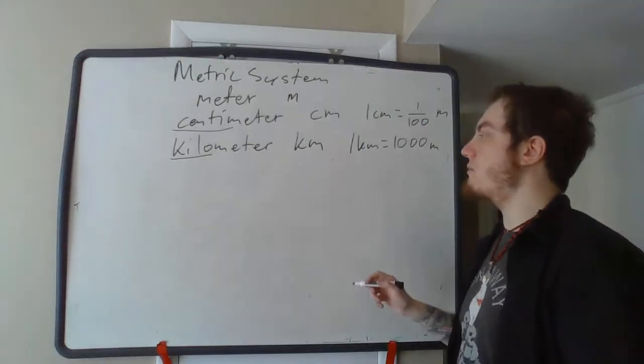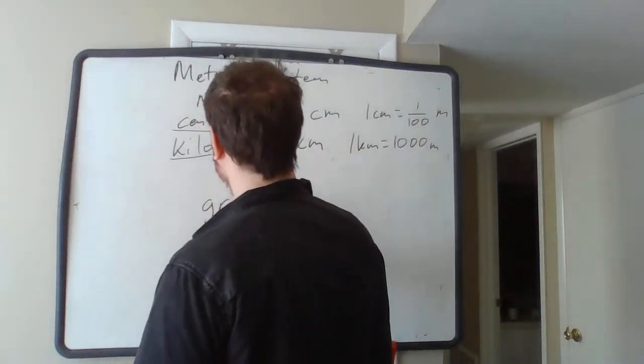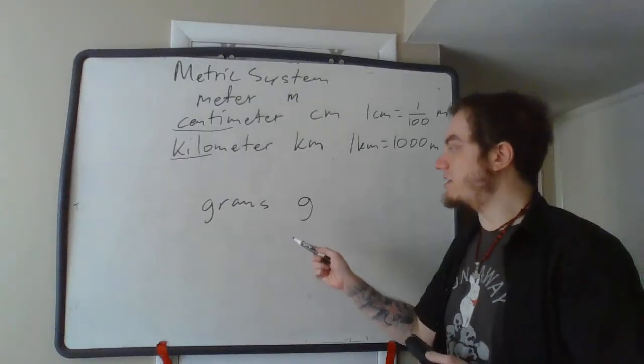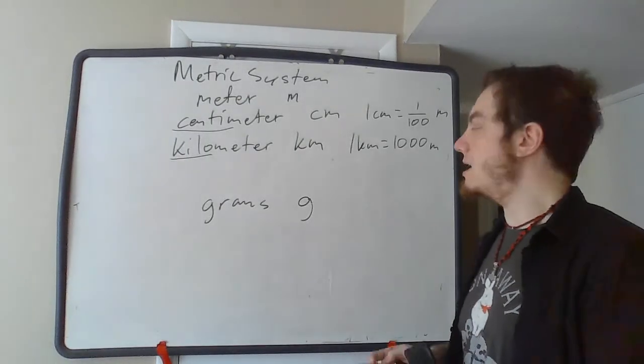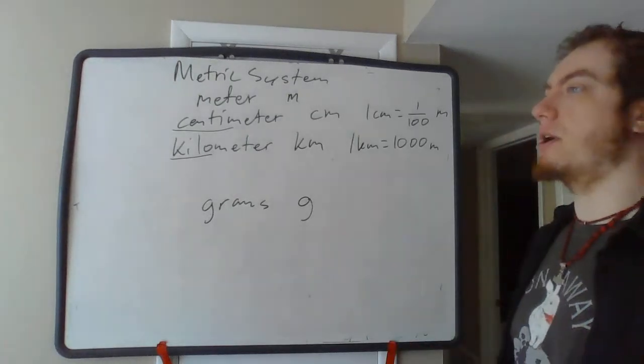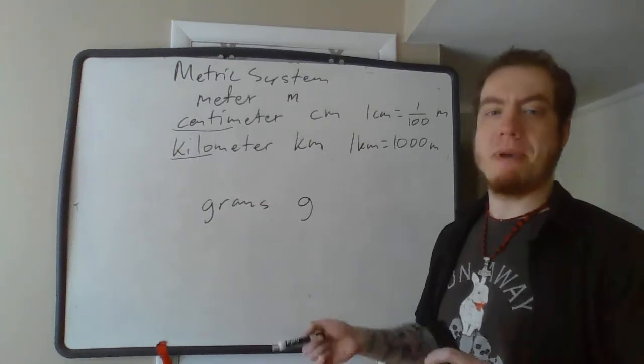So for example, if we're talking about units of weight, grams, which are represented with g, this is the basic unit of weight that is used in the metric system. Technically, it's a unit of mass, so if you're talking to a physicist, they'll want to be really careful about the difference between mass and weight.